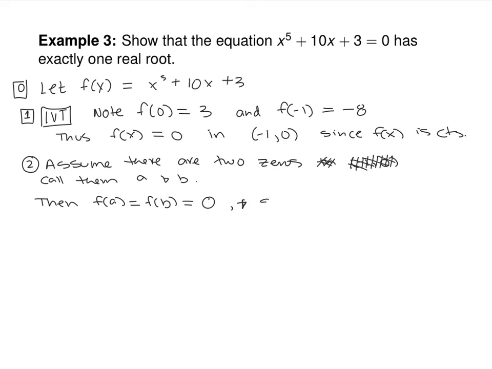And since f of x is continuous and differentiable, because it's a polynomial, you can apply Rolle's theorem.